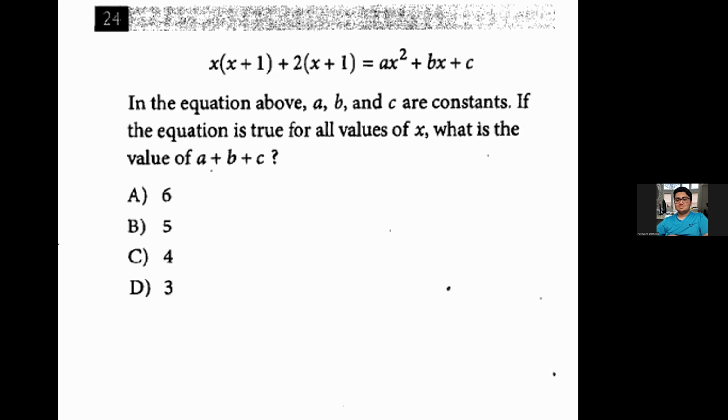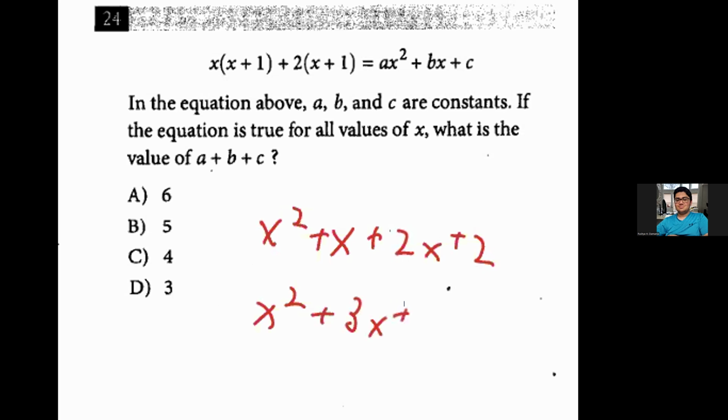So this would just be x squared plus x, and then this would just be plus 2x plus 2. This is just x squared plus 2x plus x is 3x plus 2.